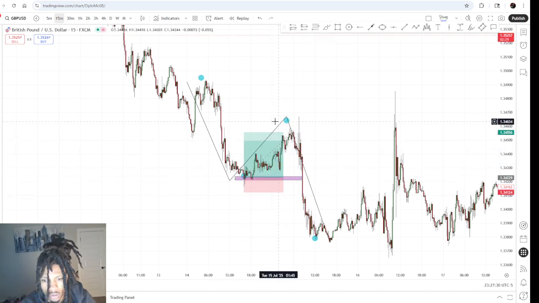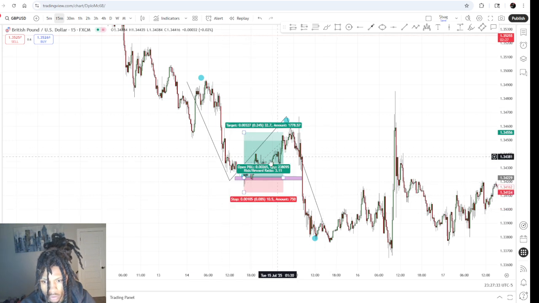Once it gets low like this, it normally never goes really lower than this. It always goes up.